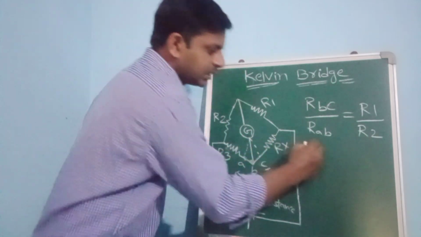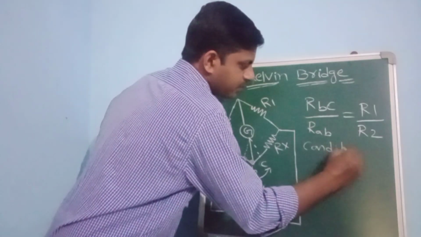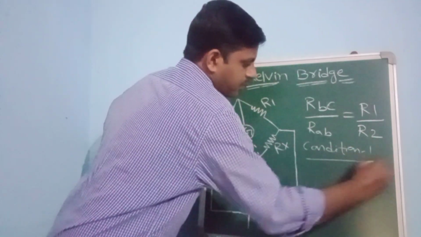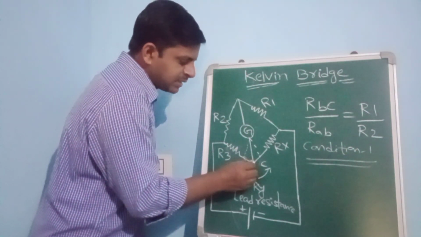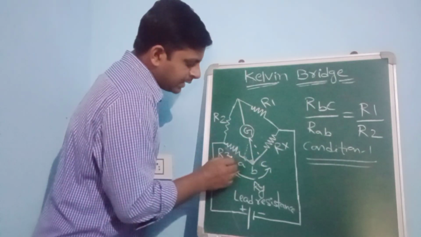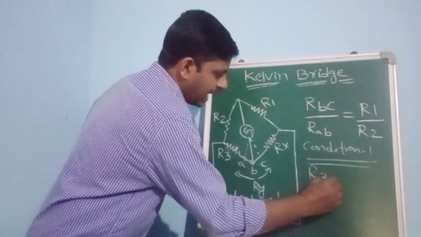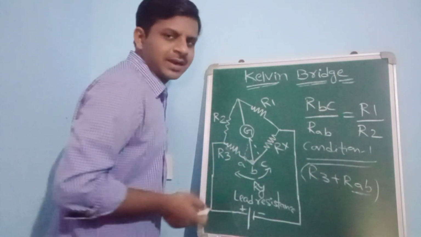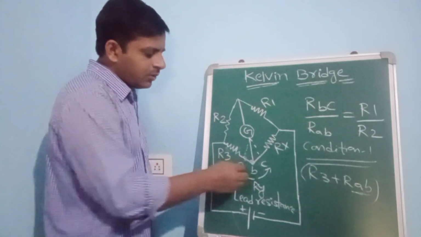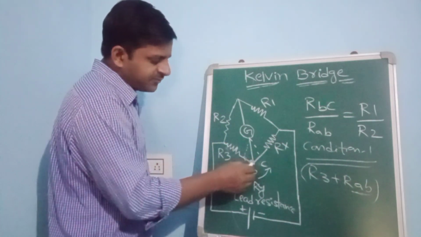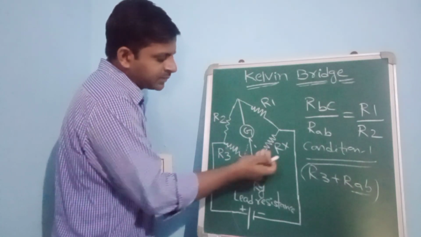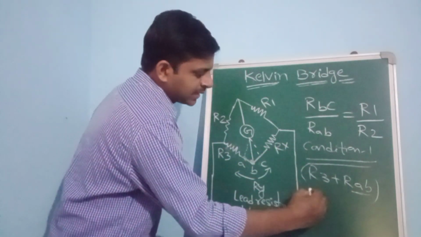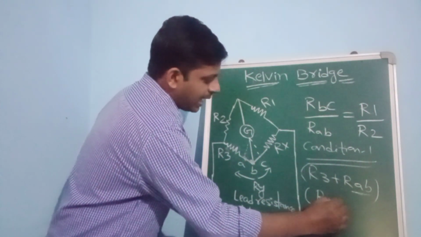Now coming to condition 1. Whenever the galvanometer is changed from point B to C, the resistance is R3 plus RAB, where RAB is the lead resistance. And whenever the galvanometer is changed from B to A, the resistance added to the Rx side is Rx plus RBC.